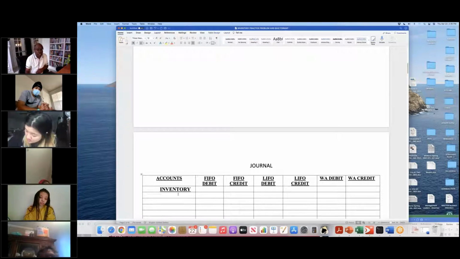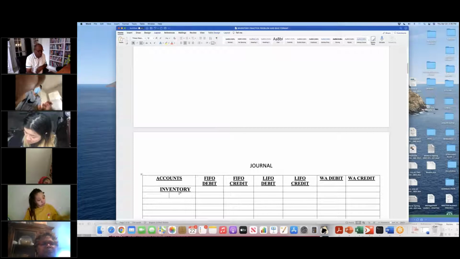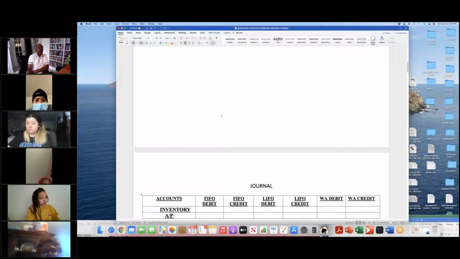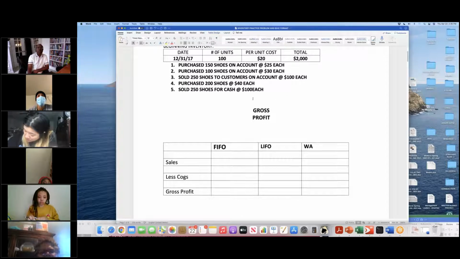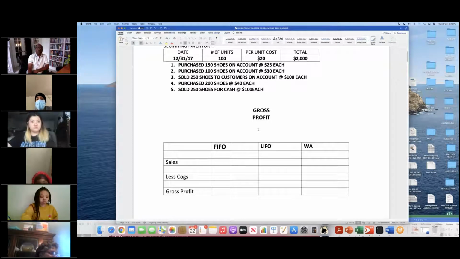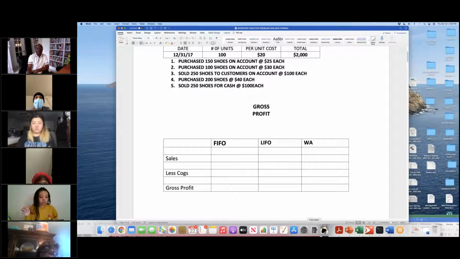And we're going to credit accounts payable. And since it's 150 at 25, that's going to be how much? What's 150 at 25? That would be, hold on. 3,750.